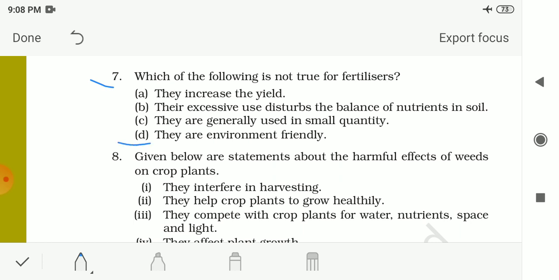It is not true for the fertilizers, as the fertilizers are not environment friendly, as they are chemical substances which are rich in particular nutrients. Though they increase the crop yield, the repeated and excessive use of these fertilizers in the same field reduces the soil fertility, and it also pollutes the water bodies, as they dissolve in the water and are washed by the rain.